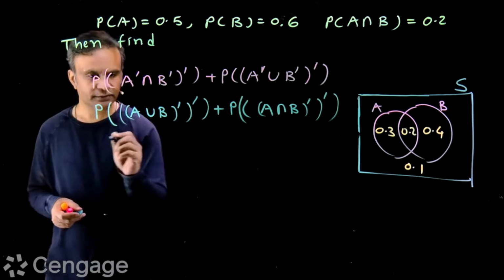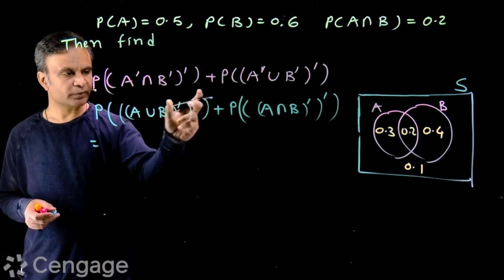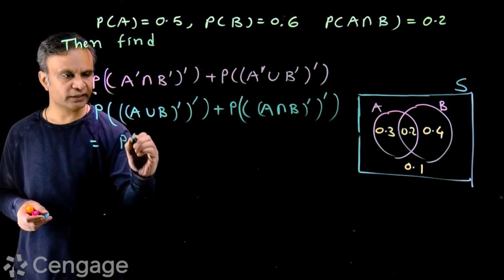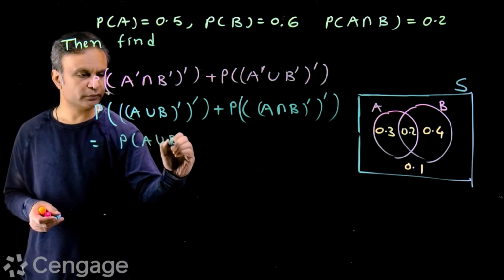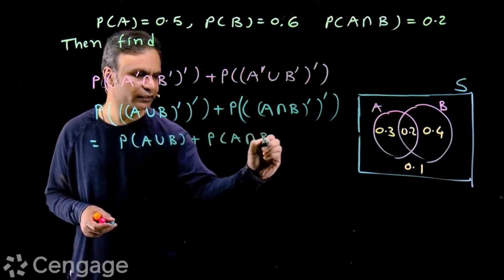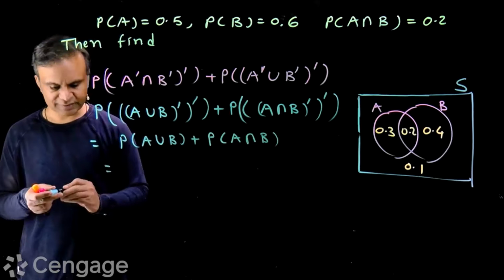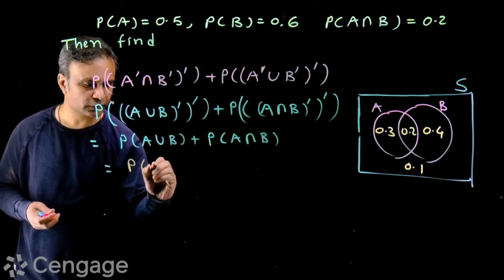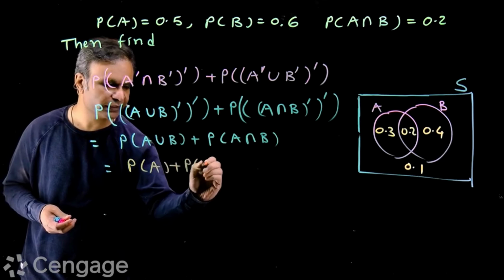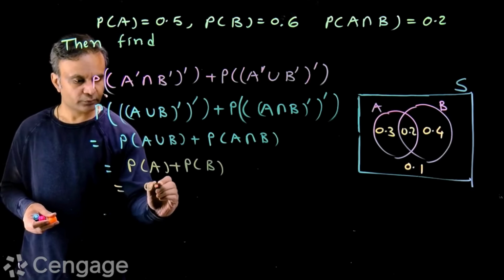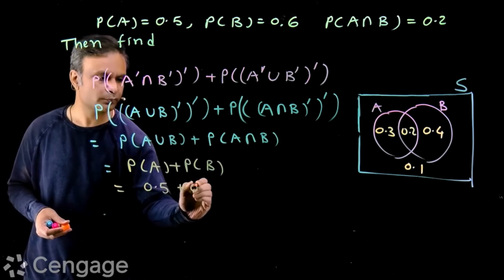So now you have to get this sum. Here complement of complement is the initial set. So here we have probability of A union B plus probability of A intersection B. So this is equal to probability of A plus probability of B. ठीक है ना, so we have here 0.5 plus 0.6.